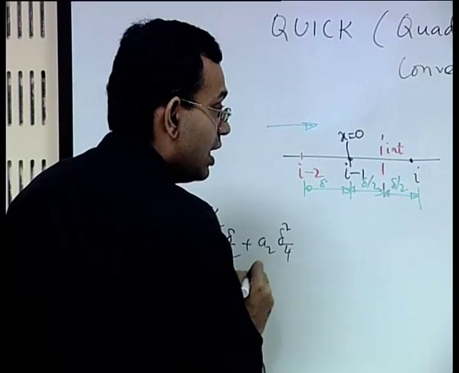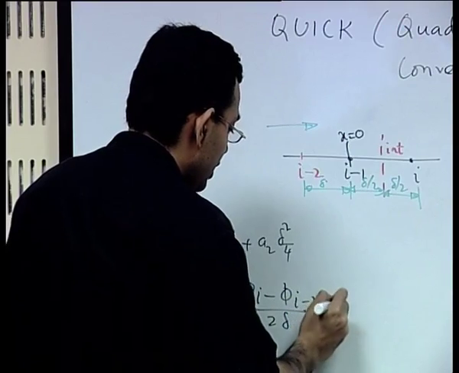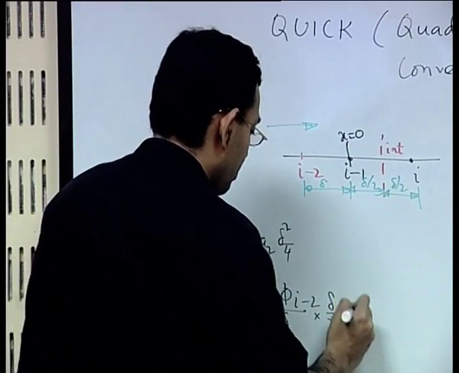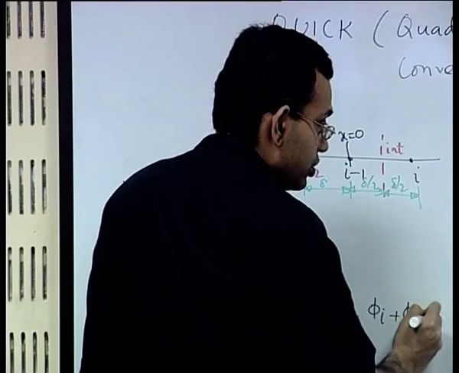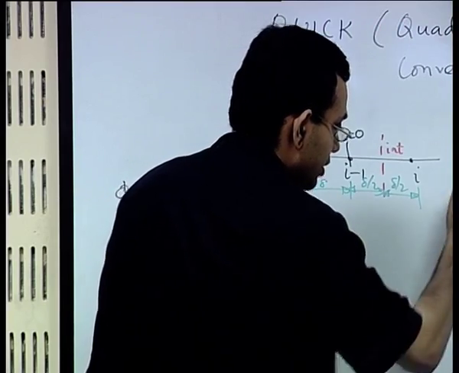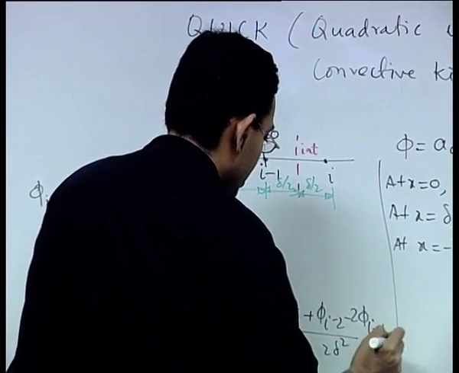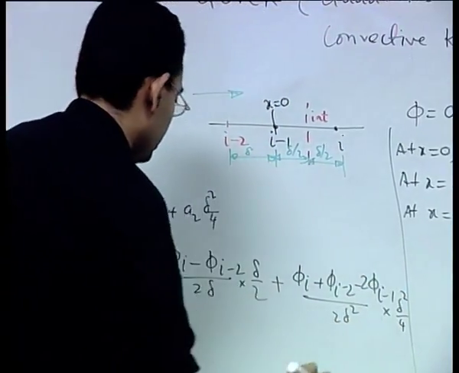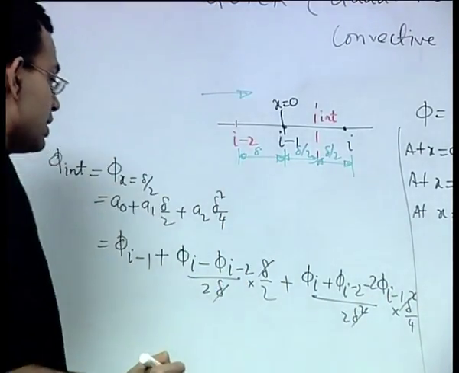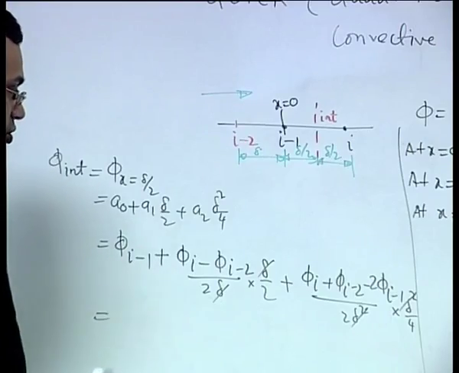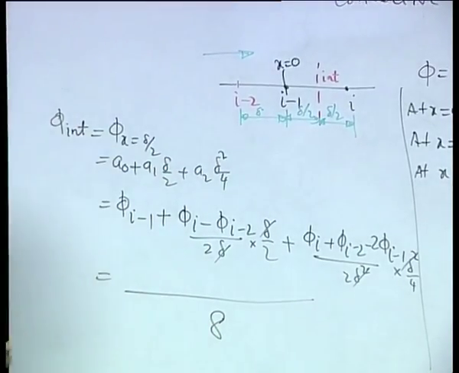So, plus phi I minus phi I minus 2 by 2 delta into delta by 2 plus phi I plus phi I minus 2 minus 2 phi I minus 1 by 2 delta square into delta square by 4. So, this delta square and delta will cancel. So, it will be 8 in the denominator. So, how many phi I's are there?